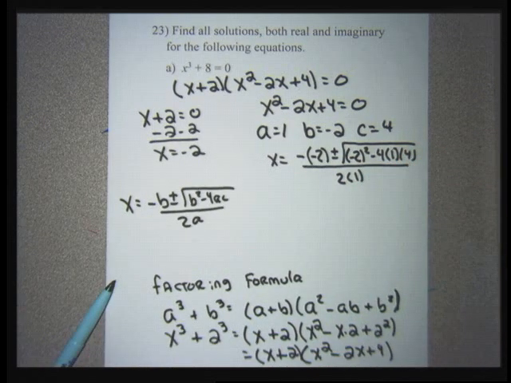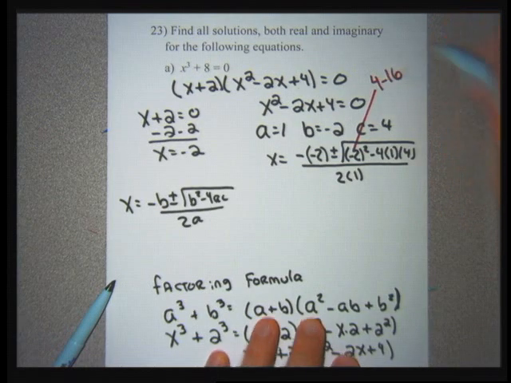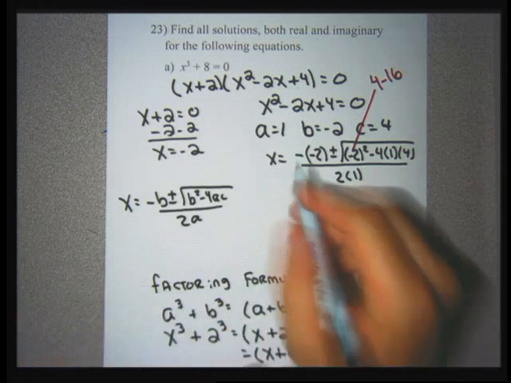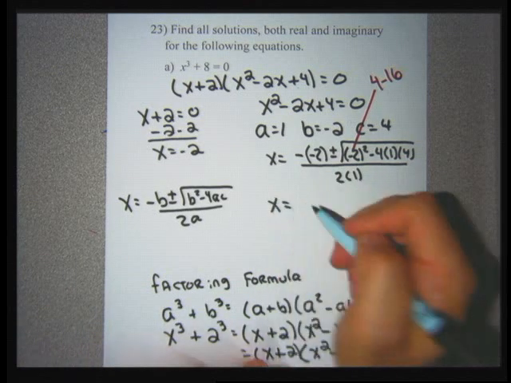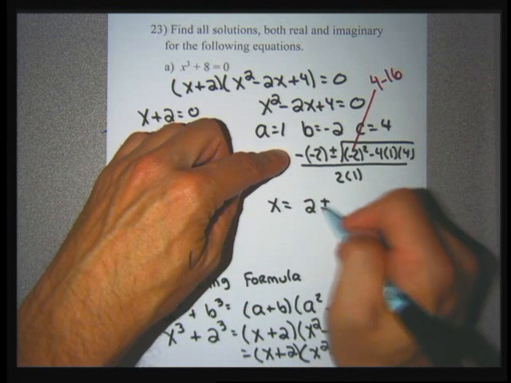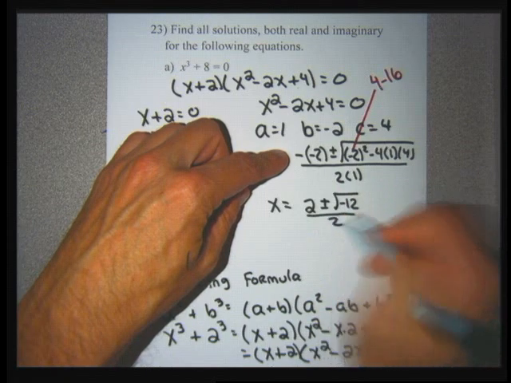And then under my radical, that's a 4 minus 16, which is negative 12. So this is going to give me, in the numerator, this double negative goes positive, which gives me a 2, and then plus or minus the square root of negative 12, over 2.